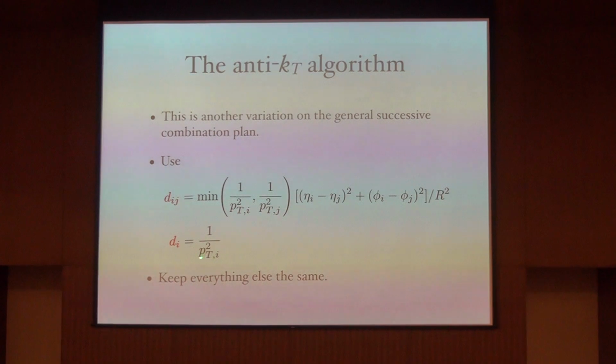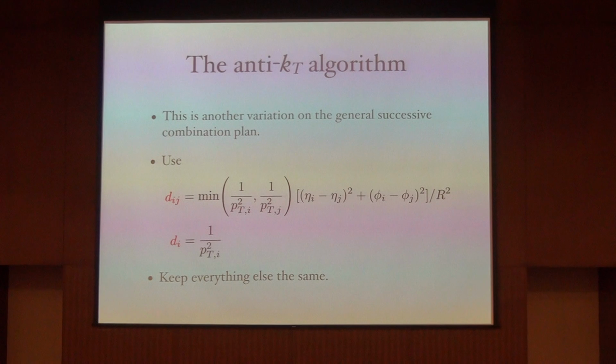And the Di is 1 over pTi squared. So instead of pT squared as in the kT algorithm, now it's 1 over pT squared. That's why it's opposite from the kT algorithm. Everything else in the algorithm is the same.